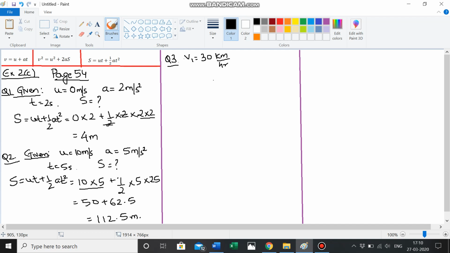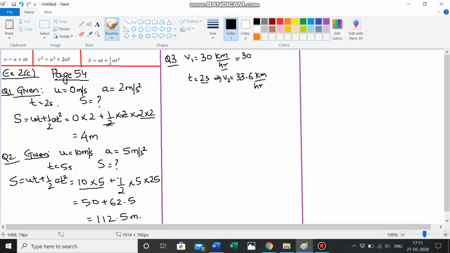And then after 2 seconds, the new velocity, which is V2, becomes 33.6 km per hour. The time is given in seconds, velocity given in hours. So let's convert this into meter per second.